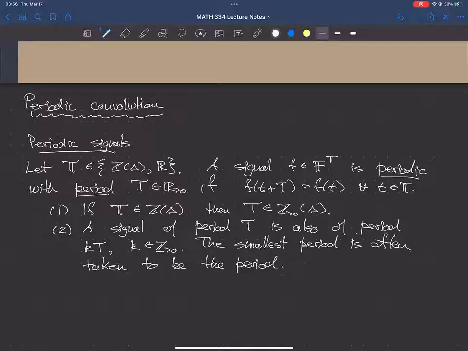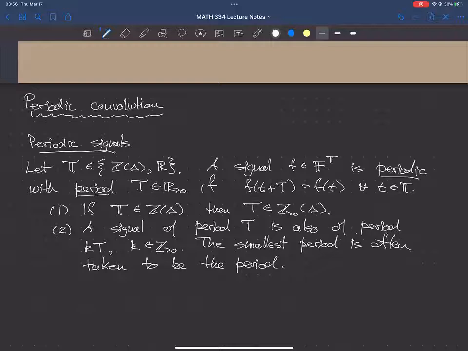Okay, so I'll say more about this. If you're periodic with some period T, then you're periodic with every integer multiple of T. And so you might ask for the inf over all T's for which that's true for your signal f, and then you call that the period. That isn't necessarily a useful thing to do.